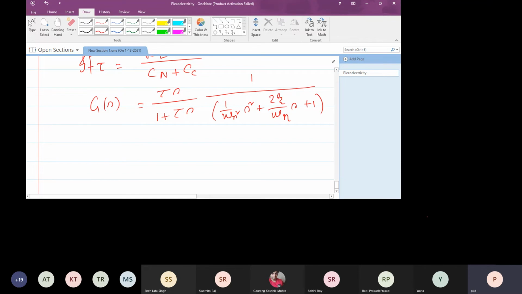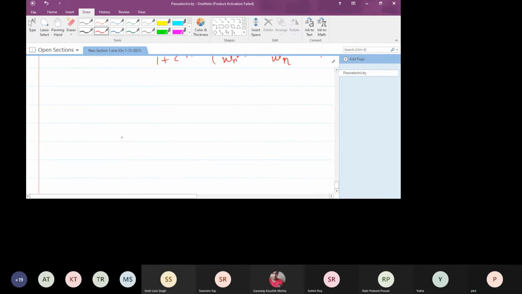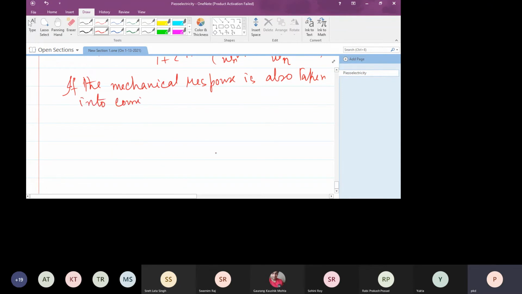So therefore, in the receiver, if we also take into account the mechanical response in the equivalent circuit, it will be an electromechanical coupled circuit.